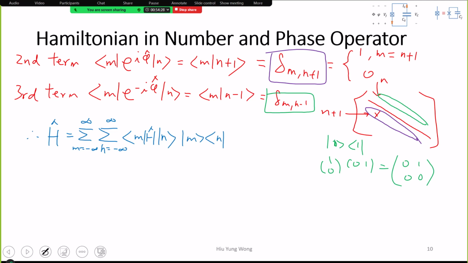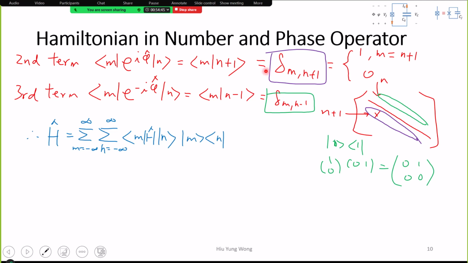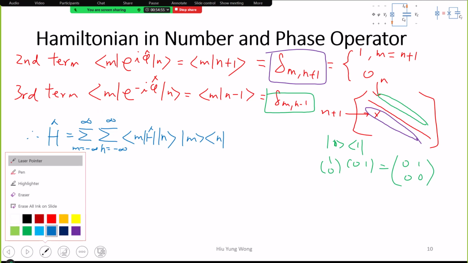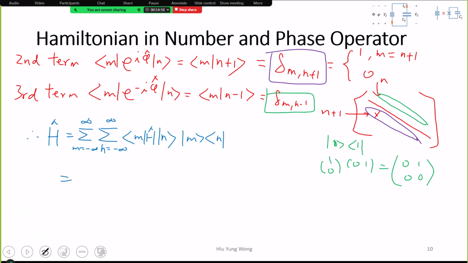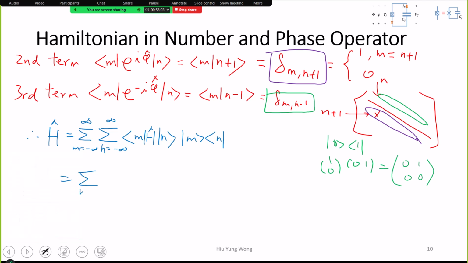But we already see that m and n have some relationship. For the first term, it is 0 if m is not equal to n. For the second term and third term, they need to have this relationship: m equal to n minus 1 or m equal to n plus 1, right? So I don't need to do a double sum in that case. I just need to sum n from negative infinity to infinity.